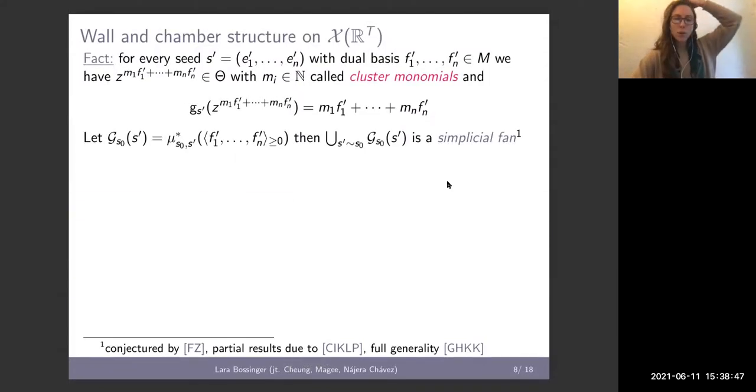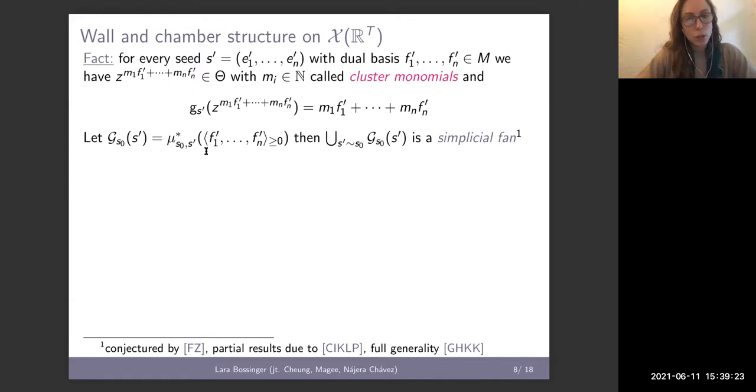And now there's a wall and chamber structure on the X variety. So remember, these are points that lie in the tropicalization of the X variety, as I'm picking my f's in the lattice M. They generate a wall and chamber structure here as follows. What I can do now is take the positive orthant with respect to one of these seeds s', and I'm going to pull it back along the mutation formula to my initial seed s_0.